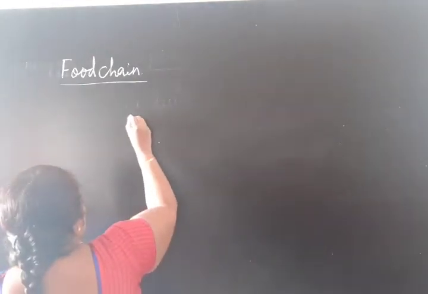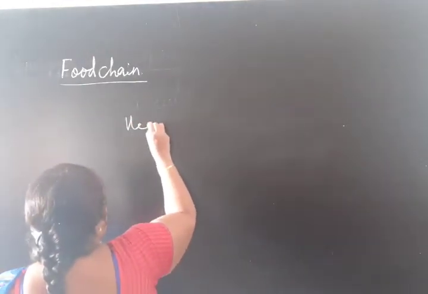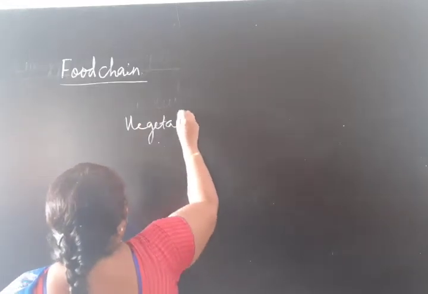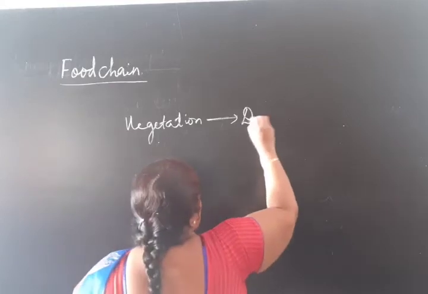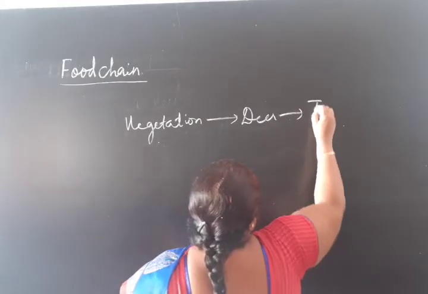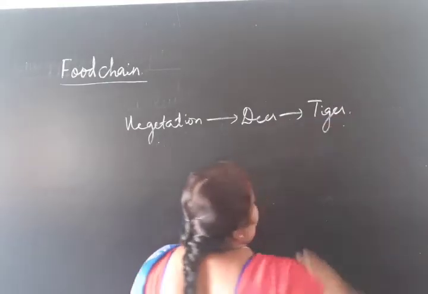Like for example, a simple example: vegetation, deer and tiger.